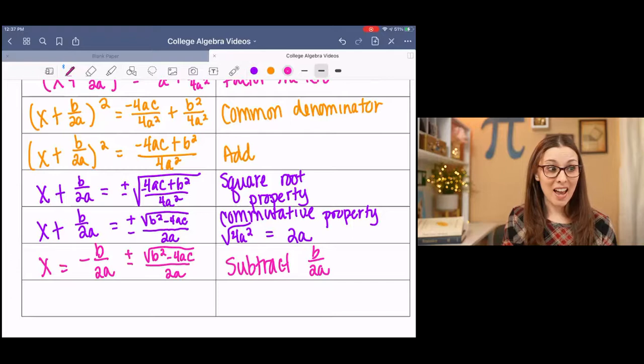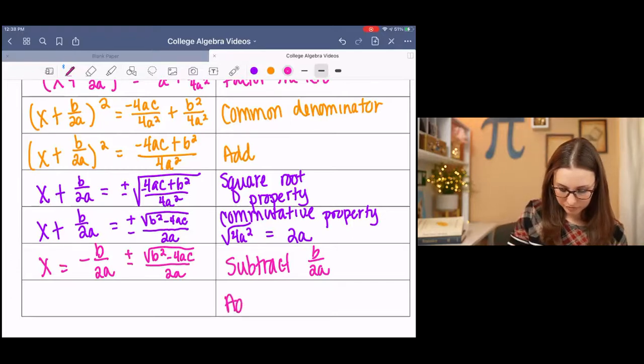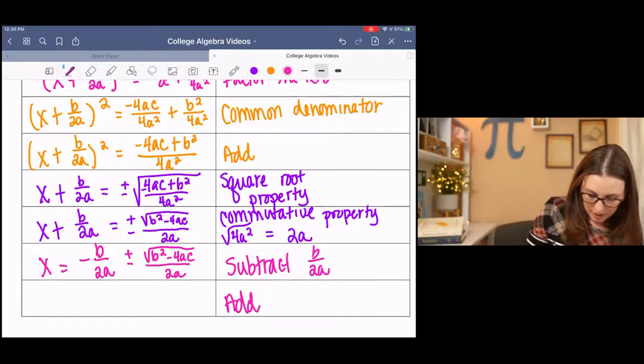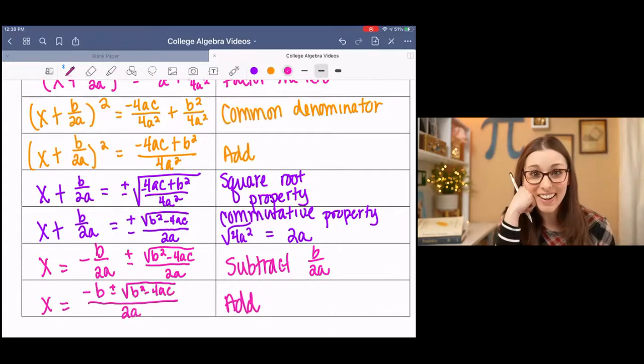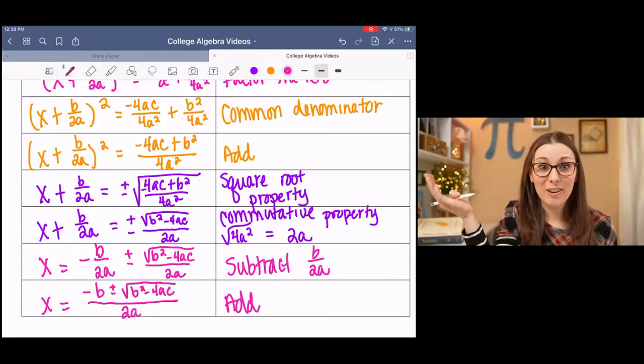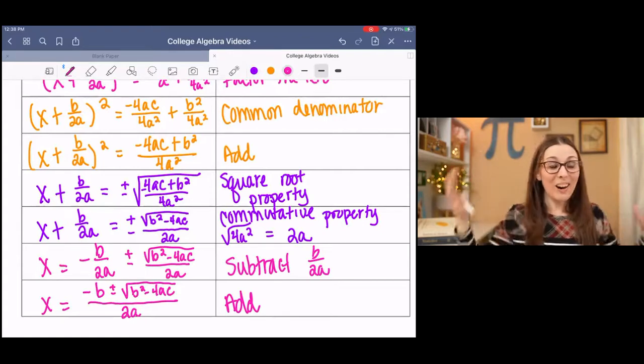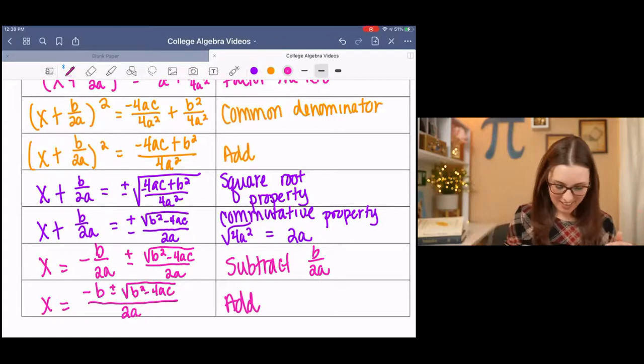Look at that. I have two fractions with the same denominator. And I can consolidate those. So I have negative b plus or minus the square root of b squared minus 4ac all over 2a. That's the quadratic formula. Isn't that so awesome? I just love this. I think it's so cool.